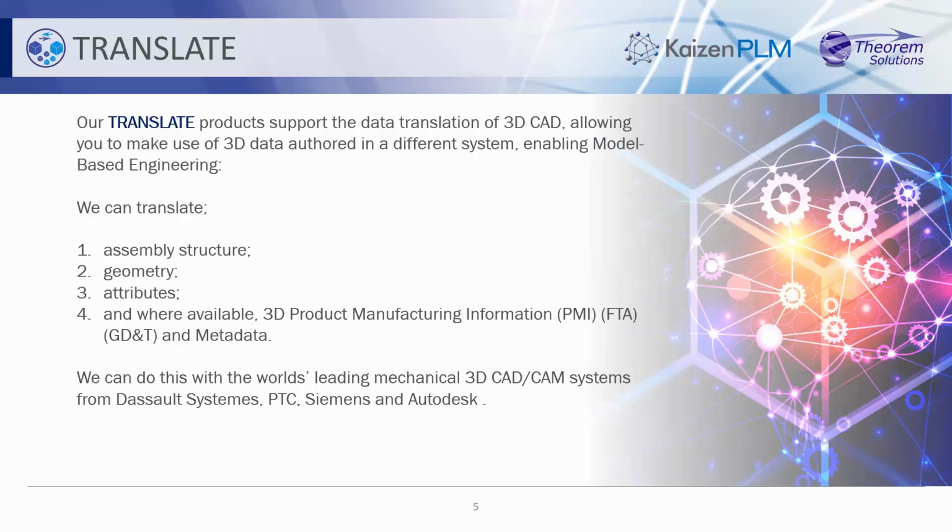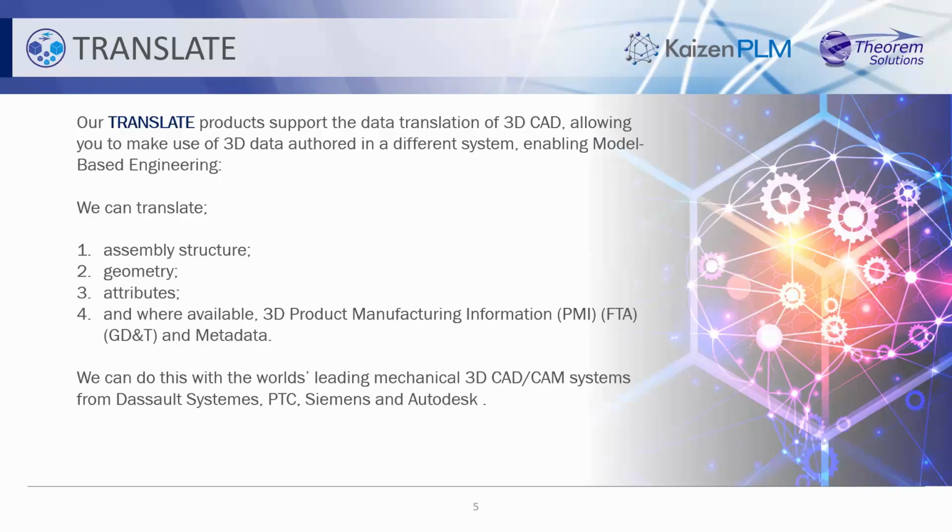For example, if you were a V5 user and your supply chain were a mixture of NX and JT, you could send and receive your V5 data to an NX user and a JT user. Similarly, if you were an NX user and you had a supply chain that had Creo, for example, then you could consume Creo data in your NX suite using one of our direct translators.